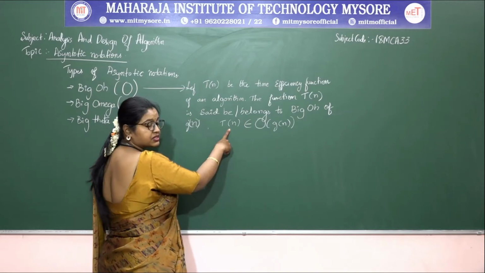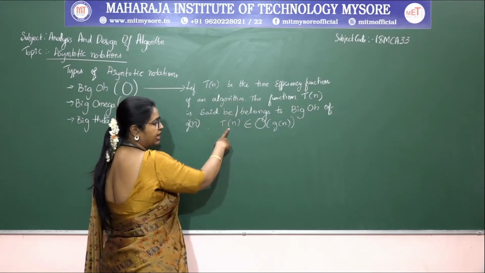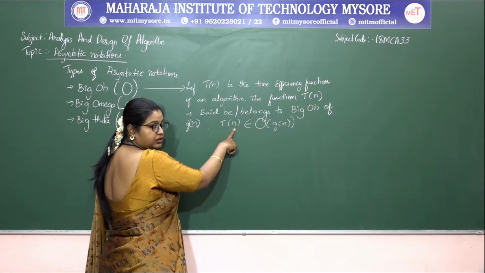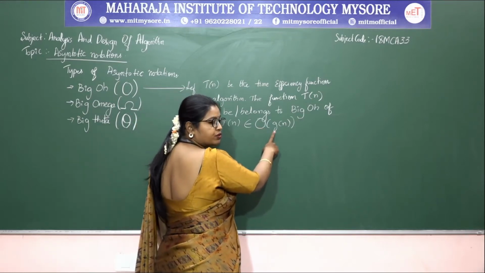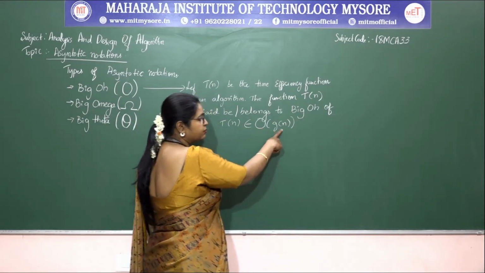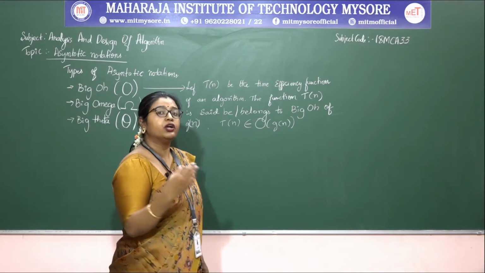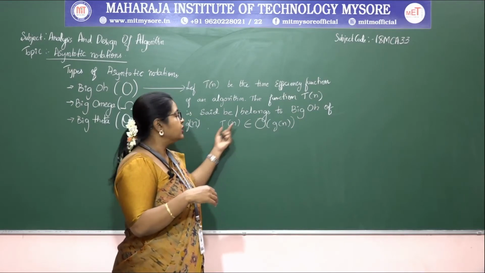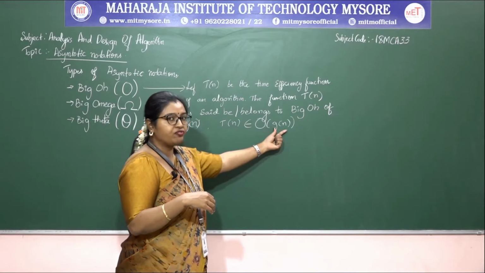The notation whatever I have written in the English statement can be written as T of n, the time efficiency function, belongs to big O of g of n. That is nothing but the degree of the polynomial equation you have obtained to calculate your T of n. That is the converted equation we can say. So that is the g of n.